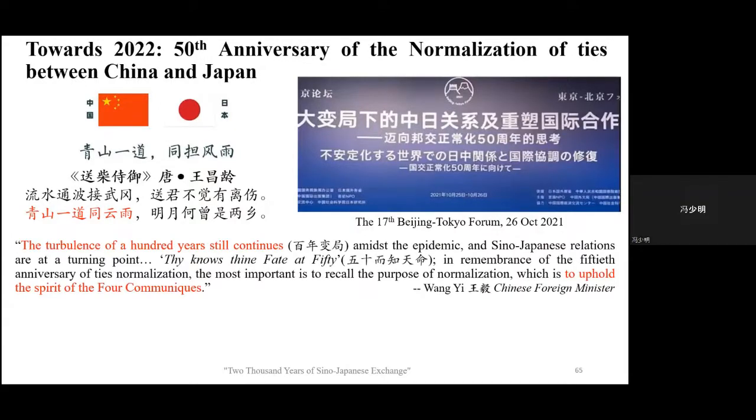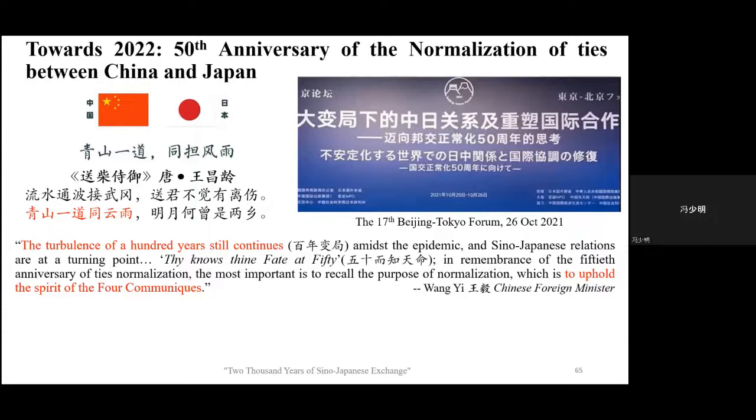And Wang Yi, the Chinese foreign minister, said that the turbulence of 100 years still continues, but finally sign fate at 50. This is 50而知天命, an excerpt from the Chinese classic, the Analects.